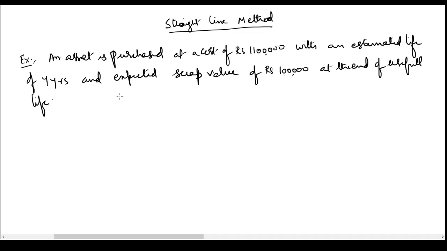It's also called the fixed installment method. Fixed installment means the depreciation installment every year remains the same.